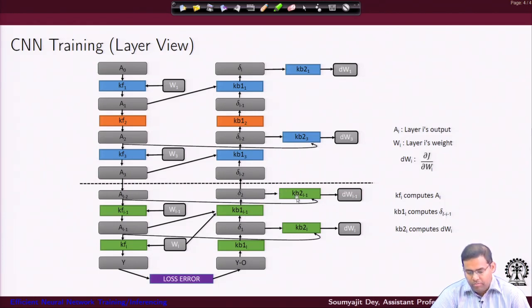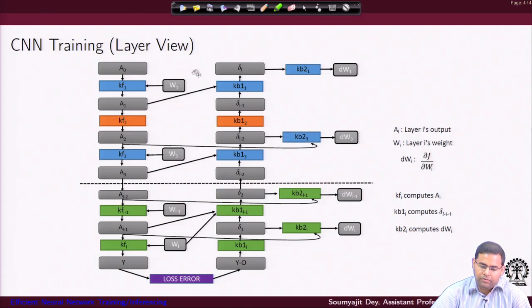Then you use this k b 2 class of kernels, and they get as input the deltas as well as the A matrices for different layers to give you the losses with respect to the weights in that layer, right, and that is how it will progress.